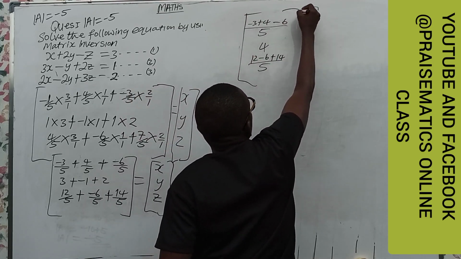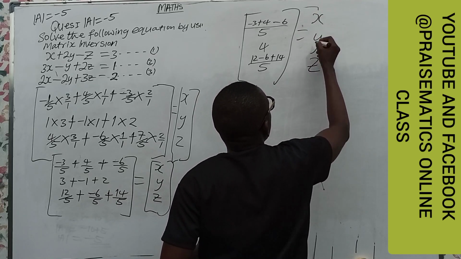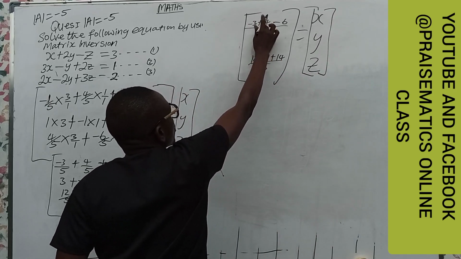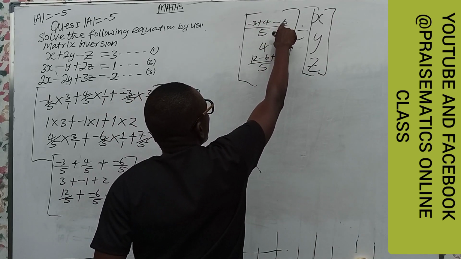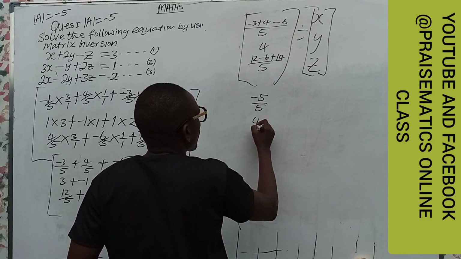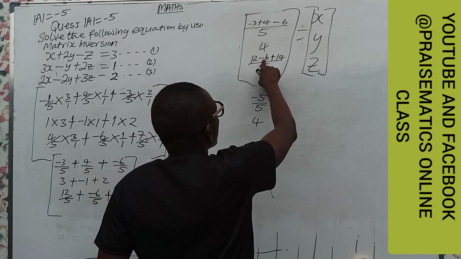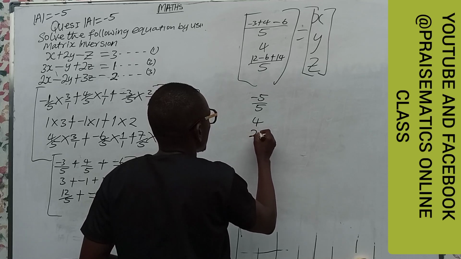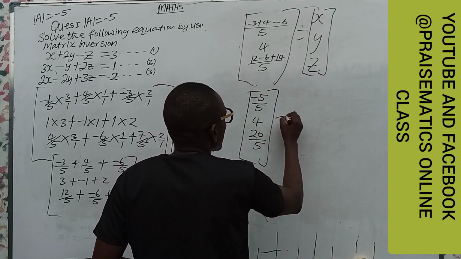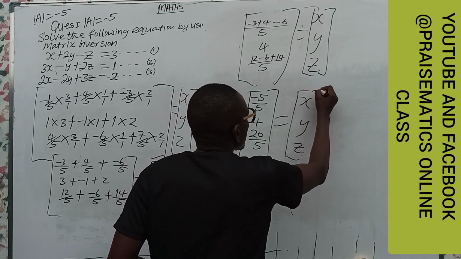So minus 3 plus 4 gives 1, and 1 minus 6 gives minus 5 over 5. The 4 stays. 12 minus 6 is 6, and 6 plus 14 gives 20 over 5, equal to X, Y, Z.